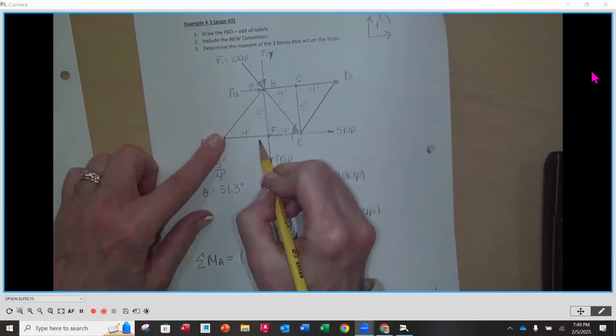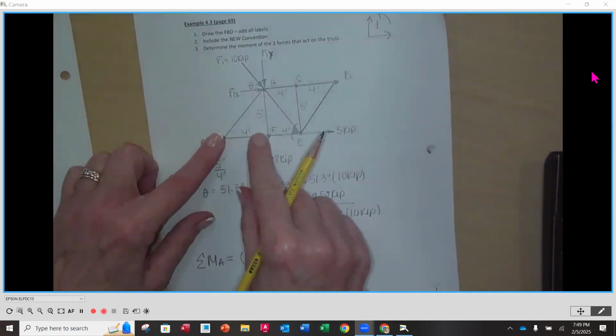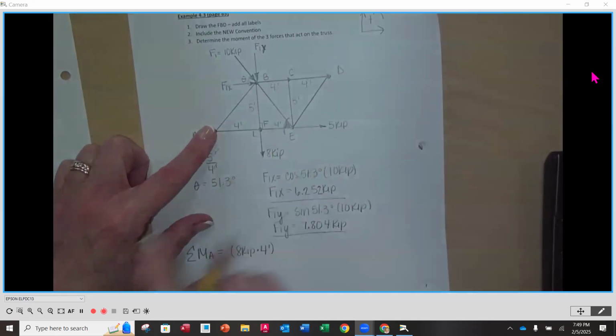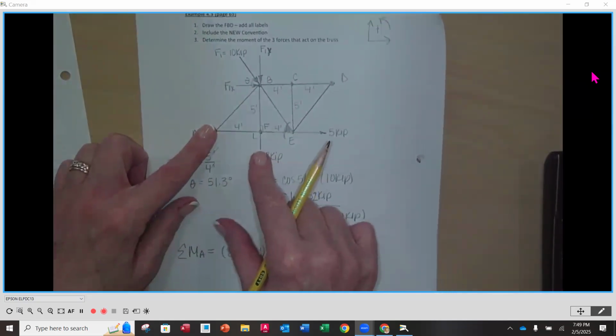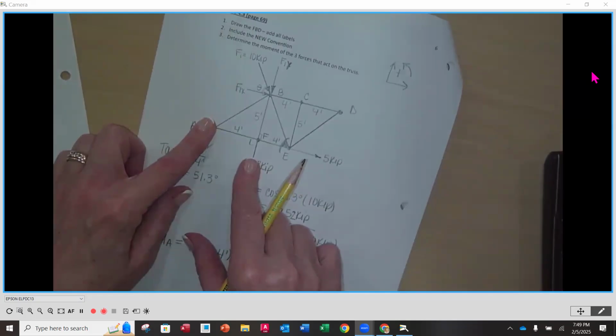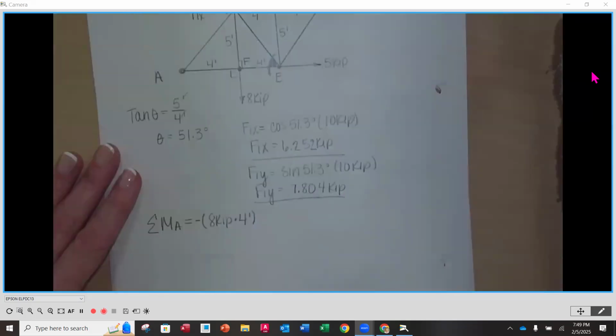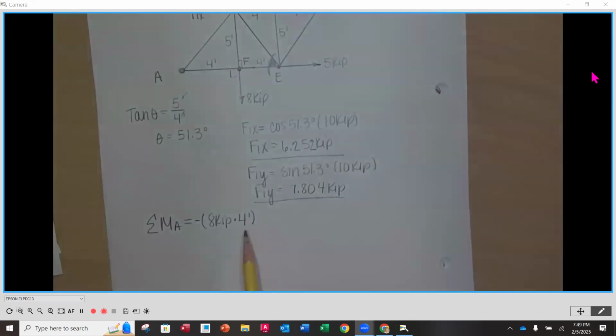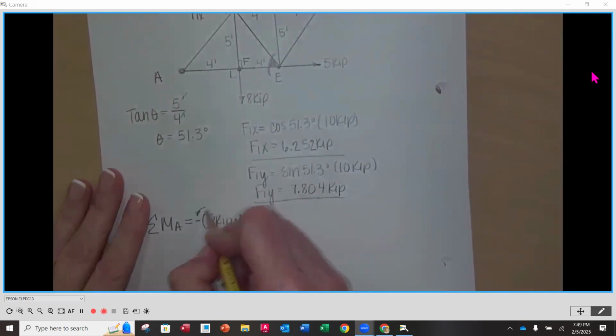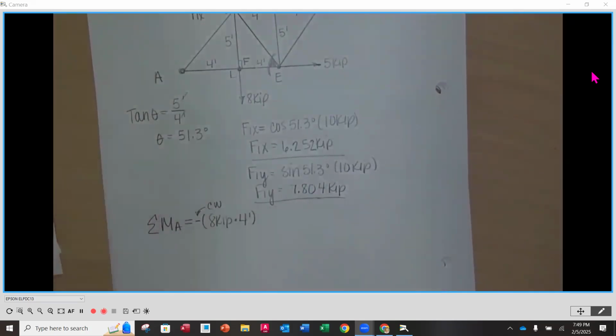Do you see that? Here's the perpendicular distance to the 8 kips. Now, when I rotate this, it goes in a clockwise direction, so I put a negative out front. Remember, inside of the parentheses is force times distance. Outside the parentheses is the sign for the direction that it's rotating. So negative out front.